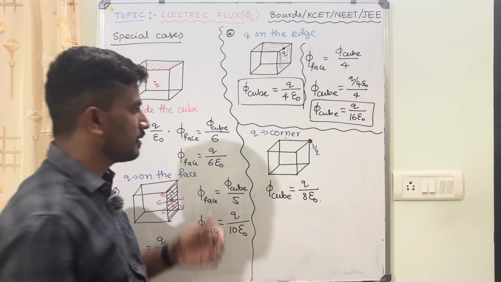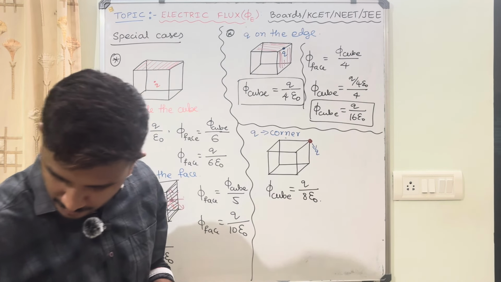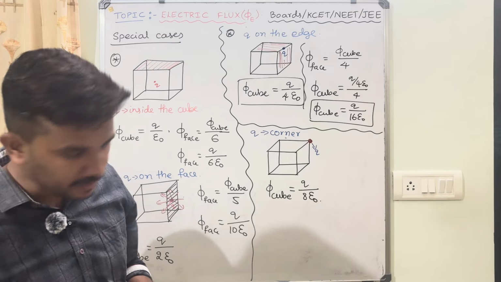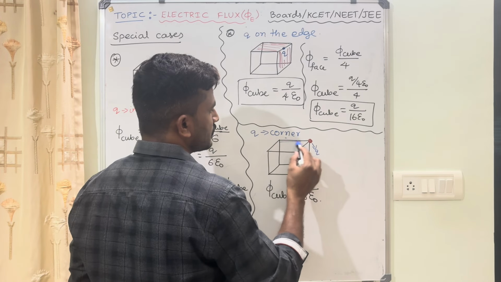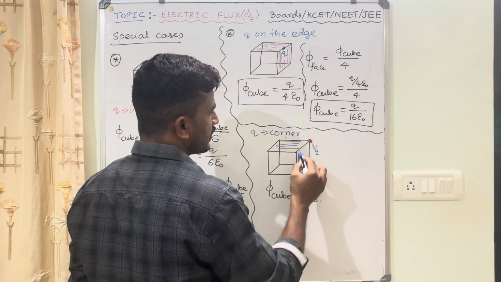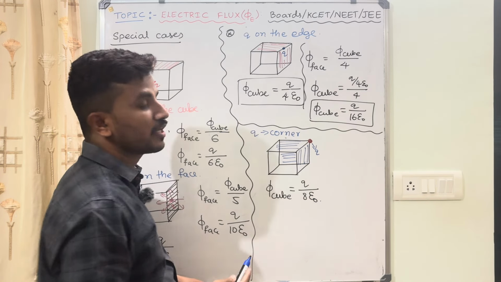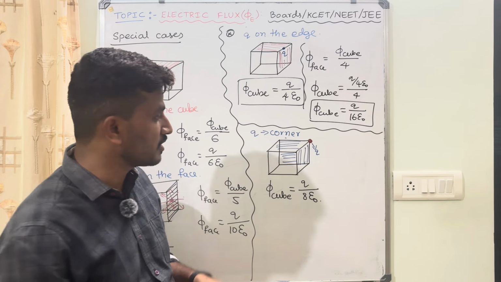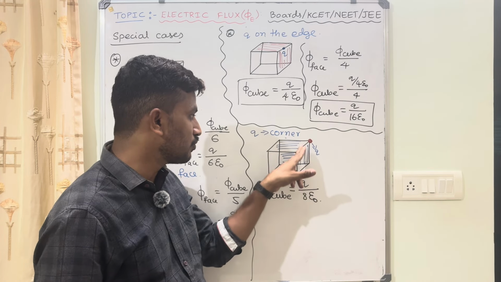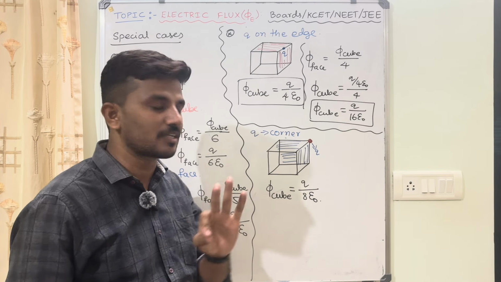Now divided by 8. So through a face, if you want to calculate, neglect this surface, neglect this surface, and neglect this surface. 3 surfaces you should not consider for flux through face, because this charge is attached to those 3 surfaces. Remaining 3 surfaces will be there.